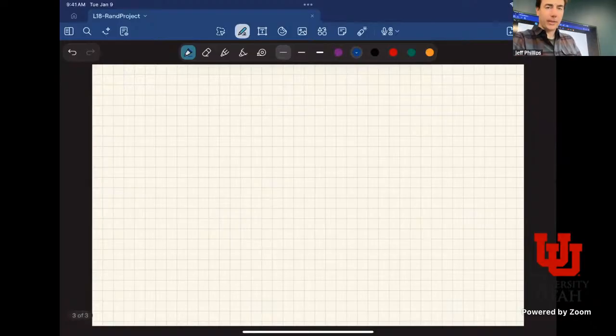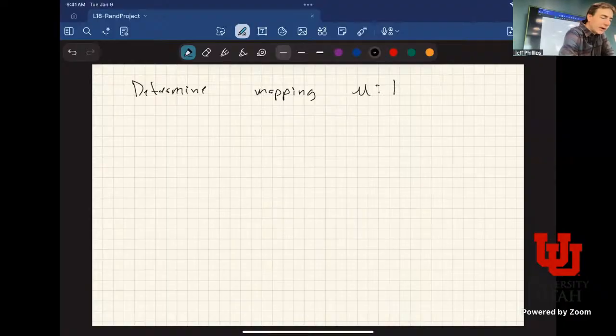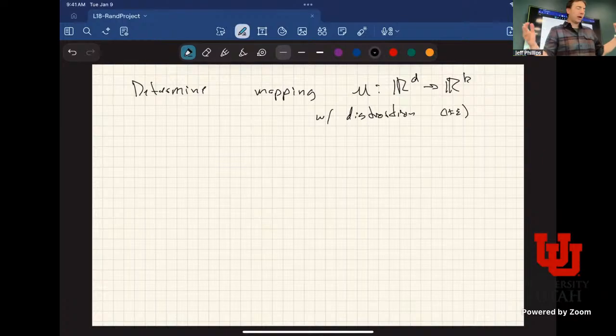All right. So what we'd like to do is to determine a mapping mu from R^D to R^K. And so I want to distort the distances with distortion one plus or minus epsilon on all these distances.